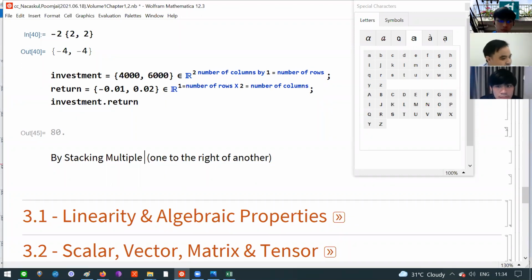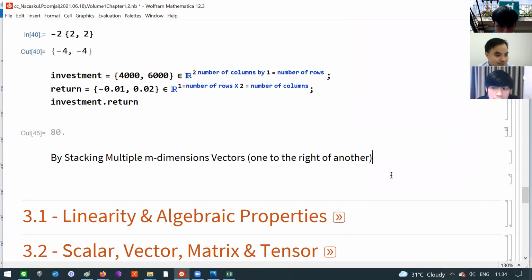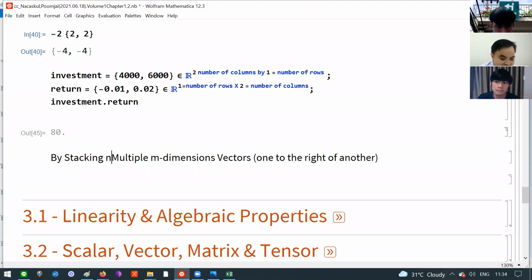Right now I'm going to change the word a little bit: I'm going to call it m dimension. So make m-dimension vectors, one to the right of another, by stacking how many? N multiple. Okay, so now I have a vector.